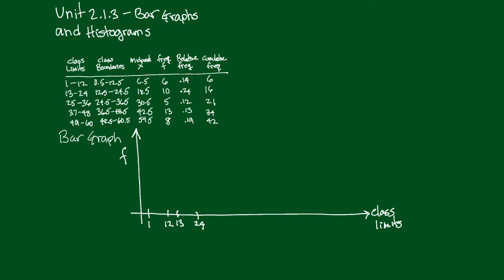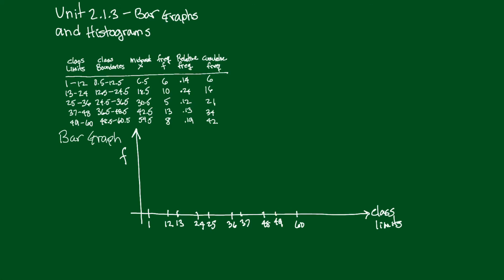All right, 1 to 12, a gap. 13 to 24, a gap. Next class goes 25 to 36, so same width. Okay, then a gap. Then we go 37 to kind of the same width, 48. Then a gap, 49 up to 60. And I've tried to make these bases the same width. I kind of missed it a little bit, but that's the idea.